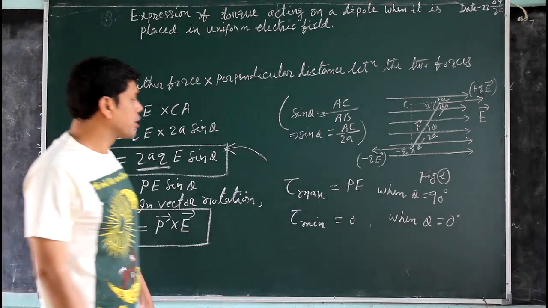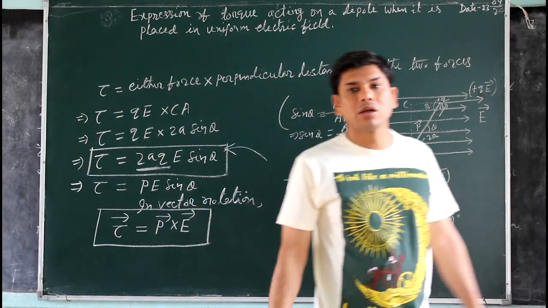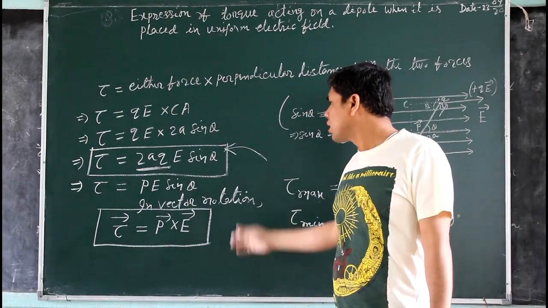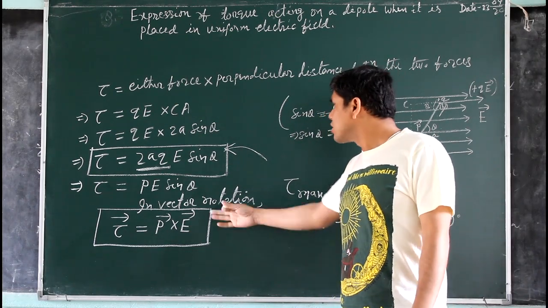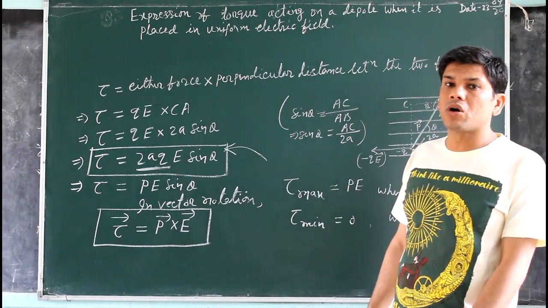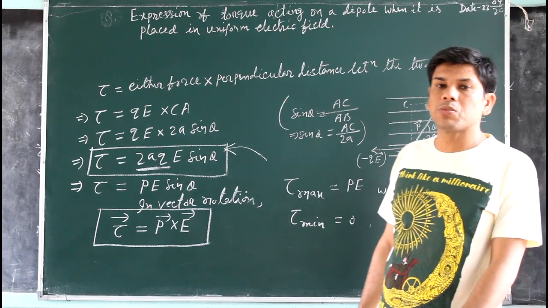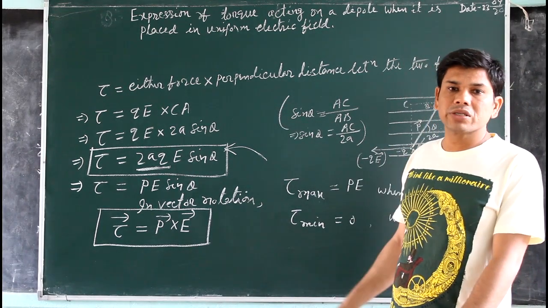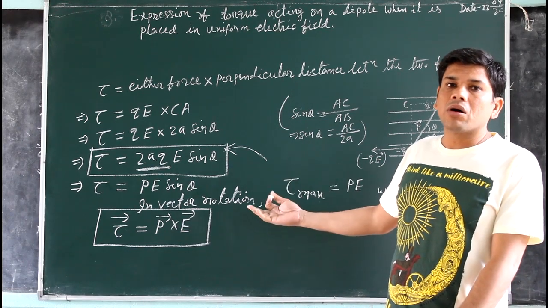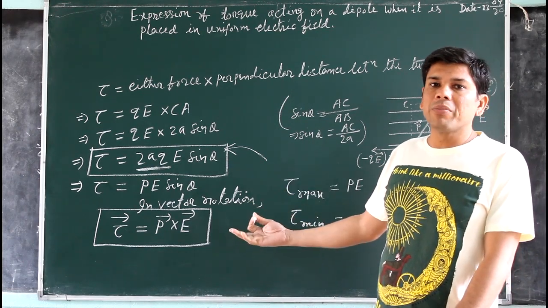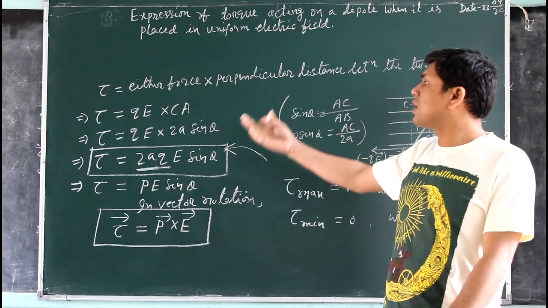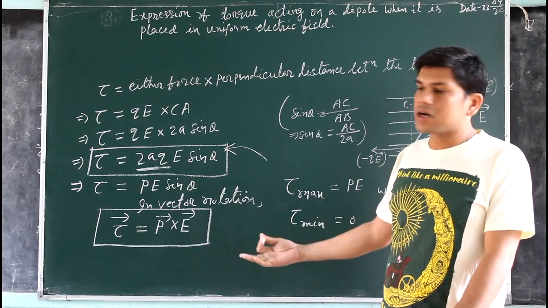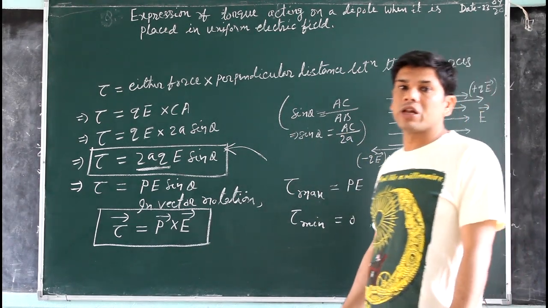In this way we can find the maximum and minimum values of torque, and in this way we can derive the expression of torque acting on a dipole when it is placed in a uniform electric field. Just go through this. One question may arise about when it is placed in a non-uniform electric field.